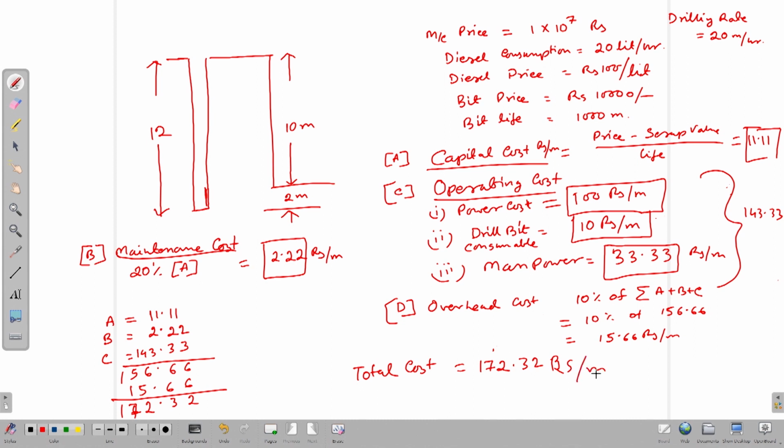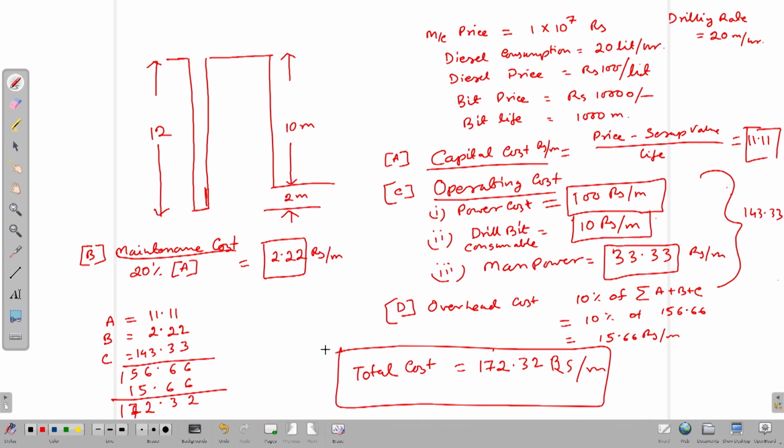So, that means the total cost is this one. You are expecting from the drilling carried out by this condition, the approximate cost which will be incurred by you per meter of drilling is ₹172.32.